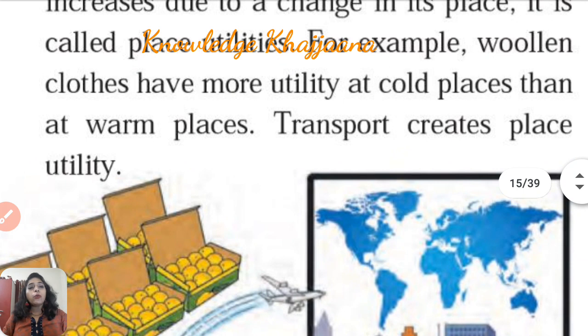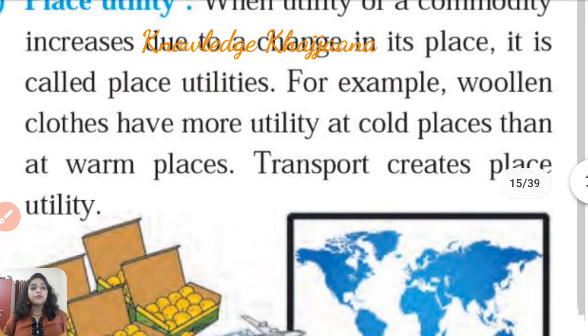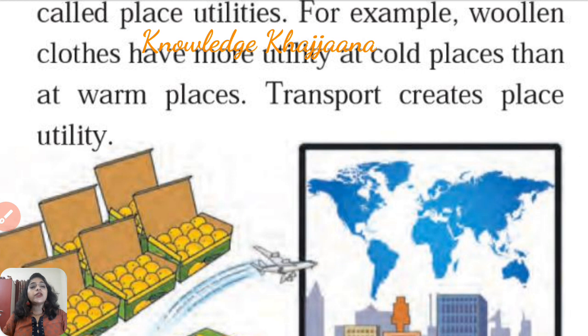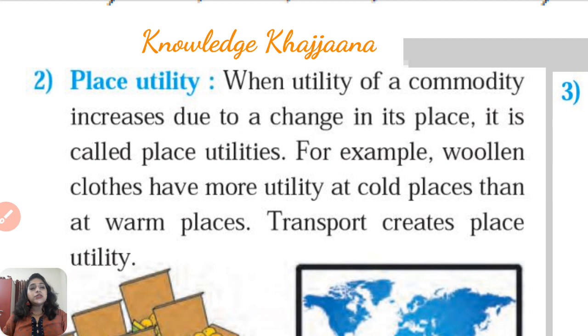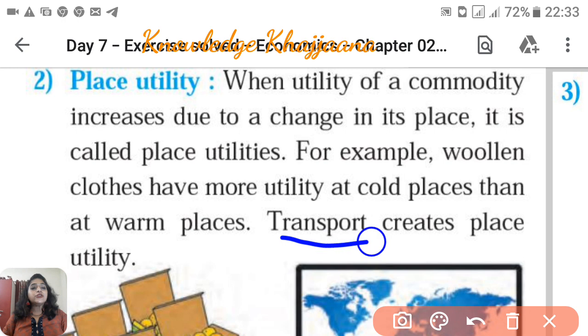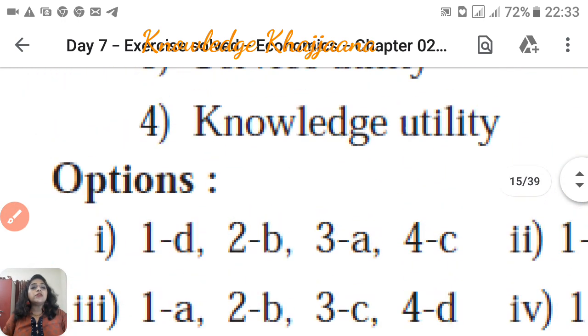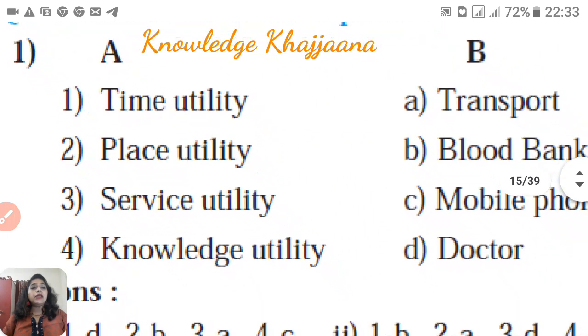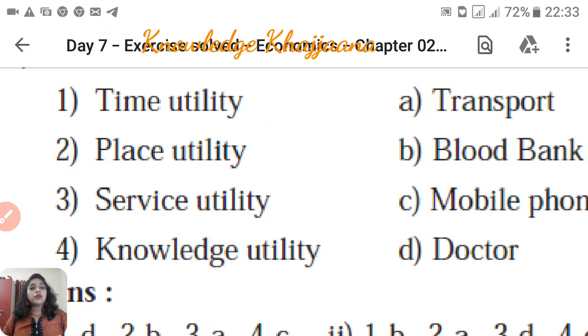Means woolen clothes were transferred from the place where they were not much used to the place where they had more utility. This place utility is generated because of transport. Transport creates the place utility, right? So the correct pair of place utility is transport.